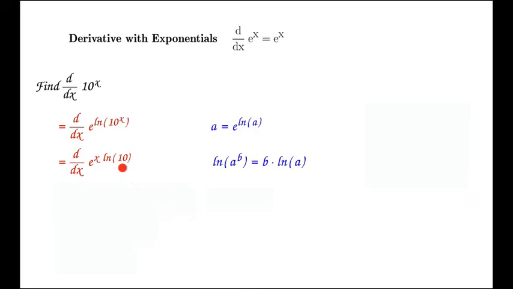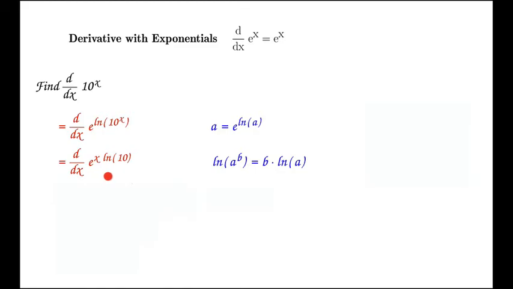And we recognize that we have a composite function here where we have e raised to the power of some function, and that inner function is x times ln 10.